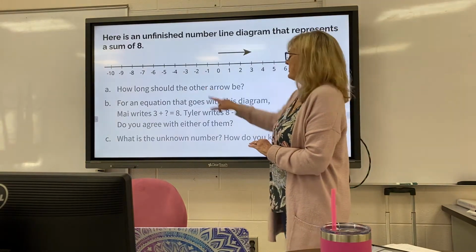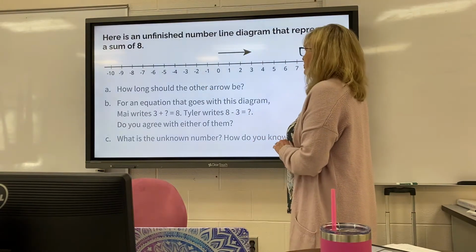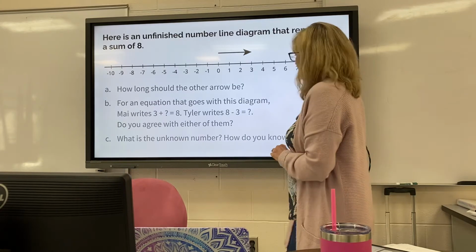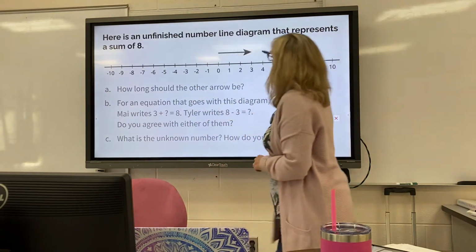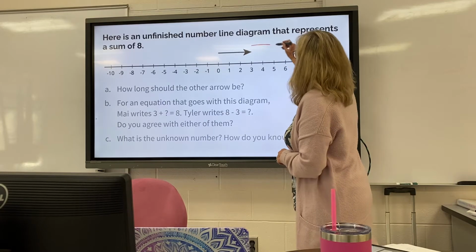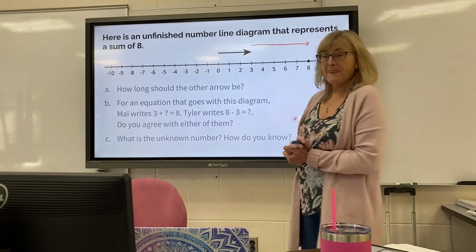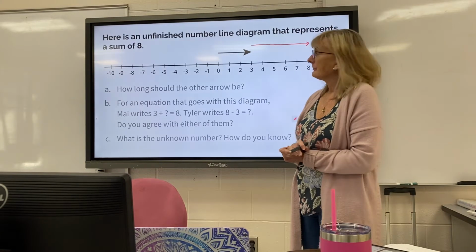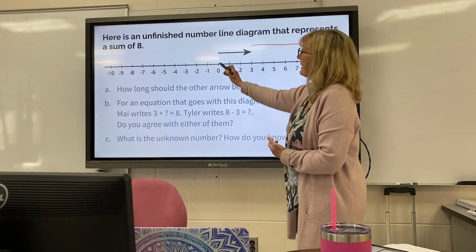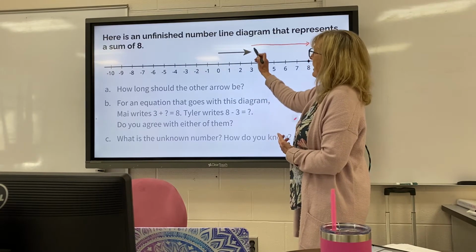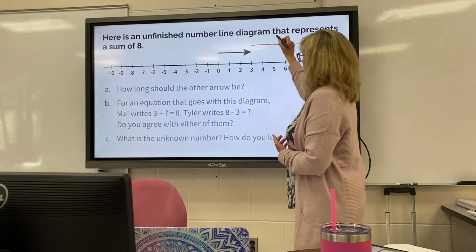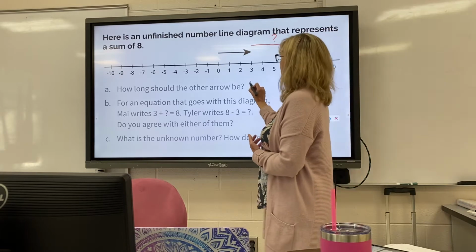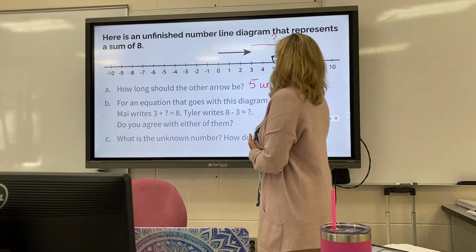So the first question is, how long should the other arrow be? 8 units? I've already gone 3 units. So how many more? 5 units. Okay, so this is going to be 5 units.